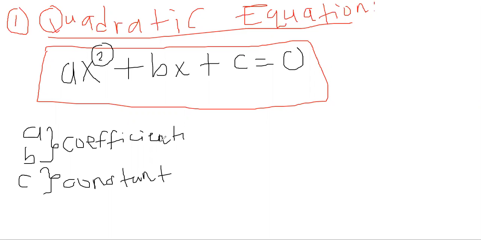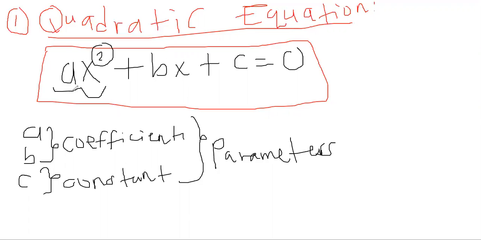So coefficients and constant together in mathematics, we call them parameters. And the variable here is x. The first term, ax^2, is the quadratic component because it has the power 2. Then you have the linear component, bx, and you have the constant.